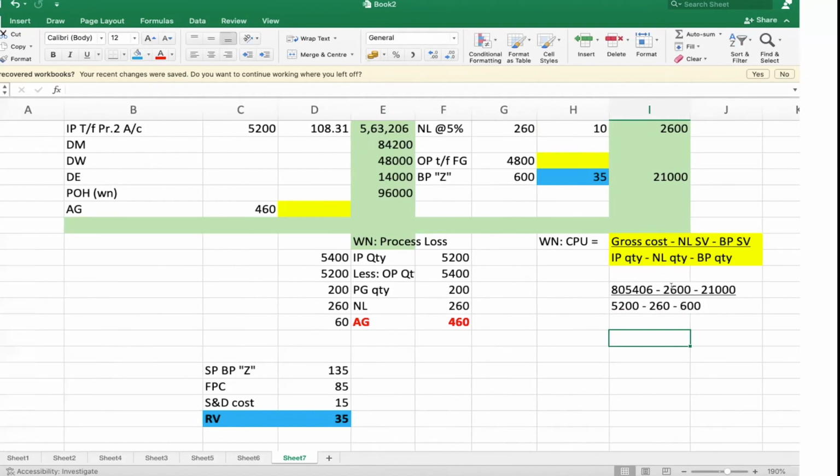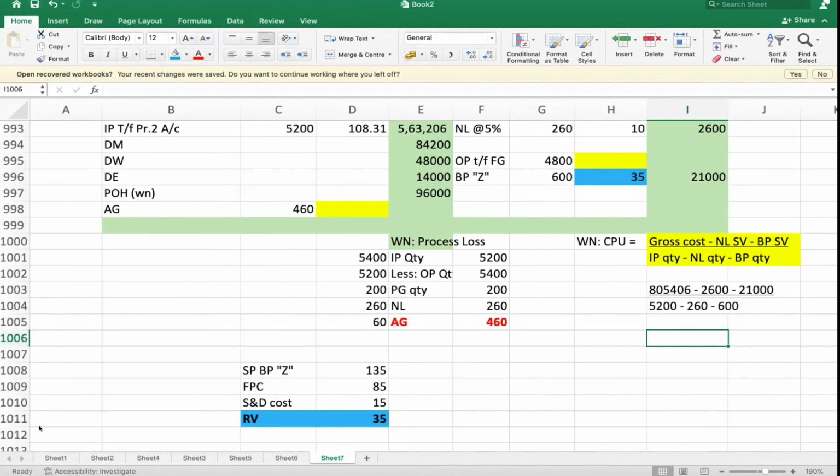Cost per unit. 182.664. All of you kindly check it up.